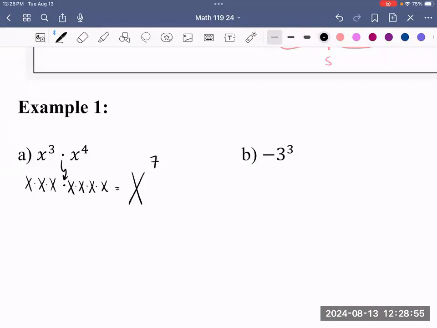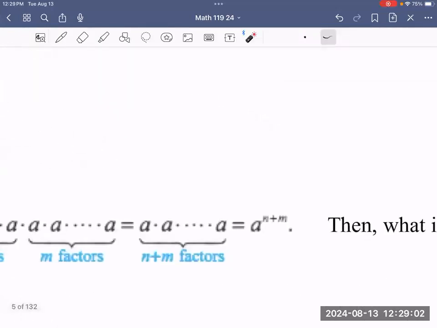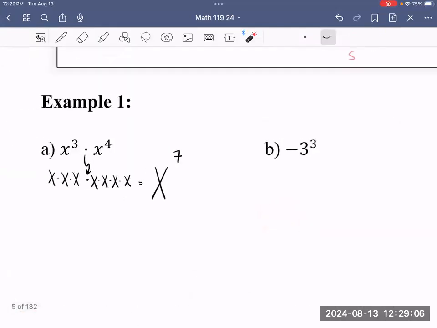The quickest way to do that and recognize the relationship between 3, 4, and 7 is that we are going to be adding those exponents together. So when you see any sort of multiplication, x to the third times the same exact variable with an exponent, we just get to add those exponents together. This allows us to skip the whole step of writing all of these x values out.